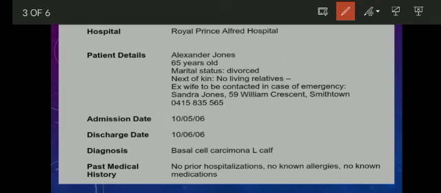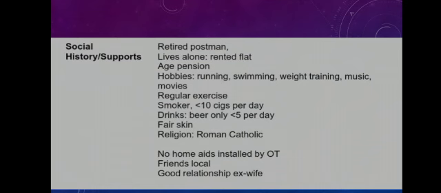Admission date, discharge date, diagnosis, and past medical history are given. Then social history: the patient is a retired postman, he lives alone in a rented flat, he smokes less than 10 cigarettes, drinks, and all that is given. Then his hobbies are given, right?